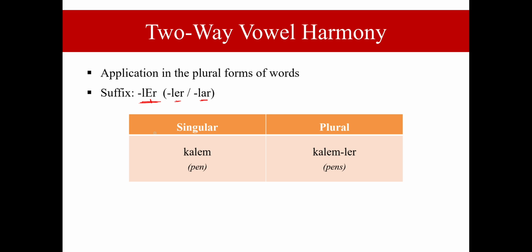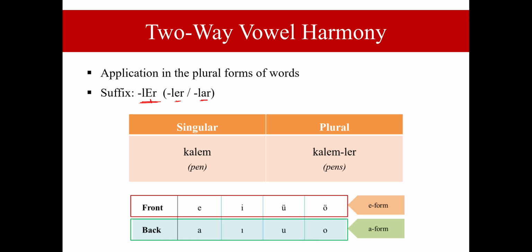So the plural suffix lEr has two forms. It's ler or lar. Now consider the word kalem, which means pen in Turkish. So to say pens, we're going to add this suffix to it. So kalemler, meaning pens.